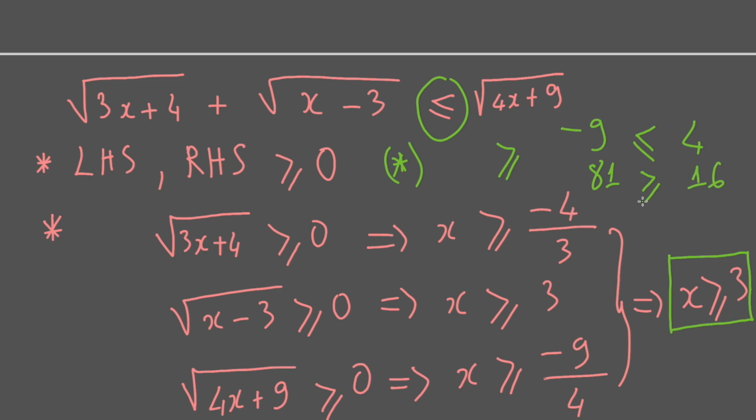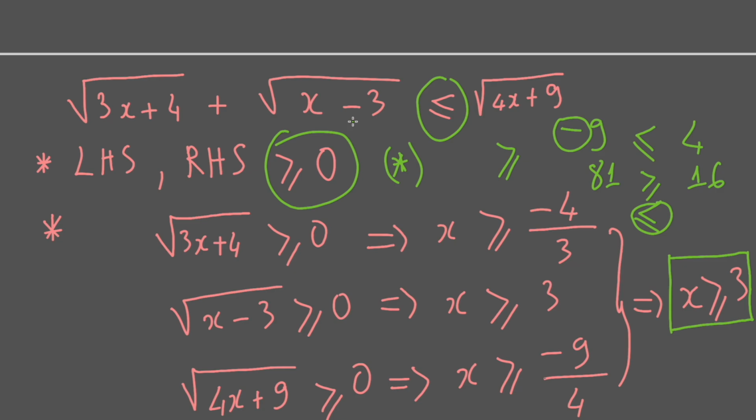That will not be correct anymore if you keep the same sign as before. That is the case when the two sides have different signs. But in this case, both sides are always greater than 0, so we can apply the method to square both sides of this inequation.